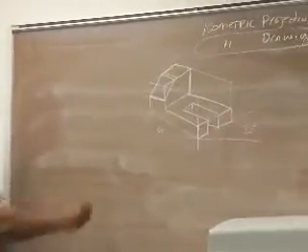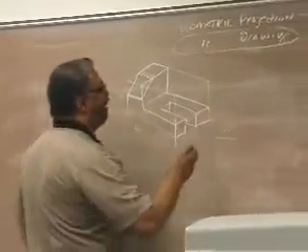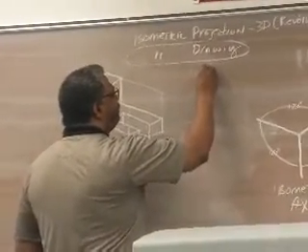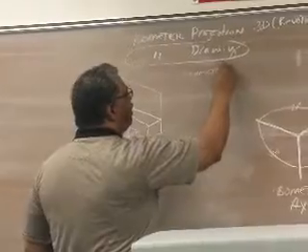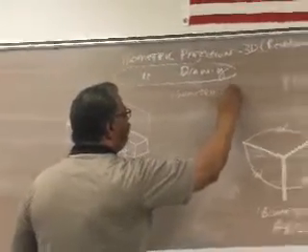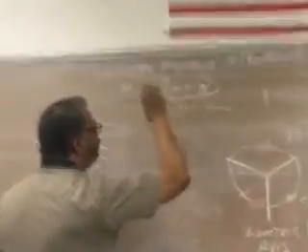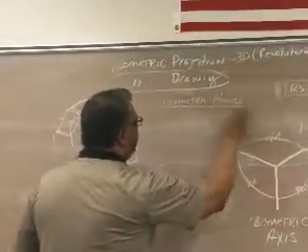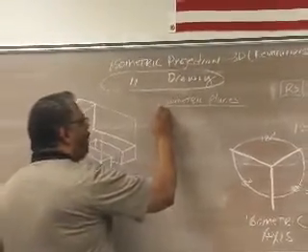Now, when you look at an isometric, your isometric has isometric planes. Your isometric planes correspond to your orthographic views.